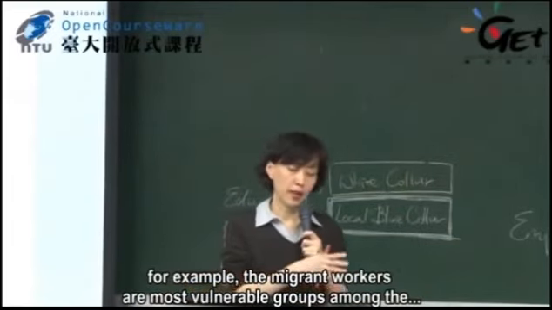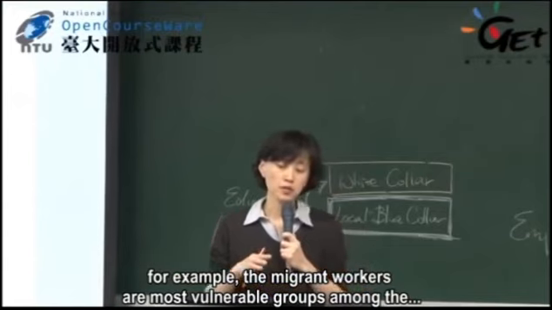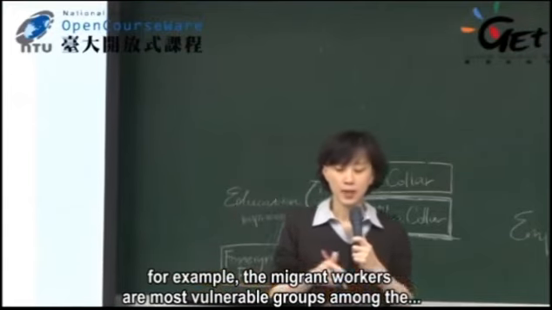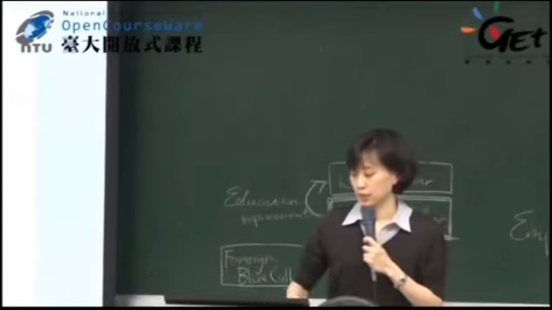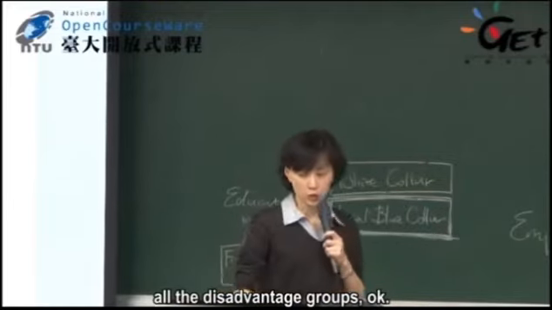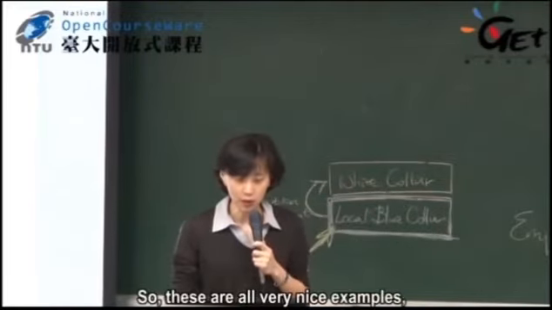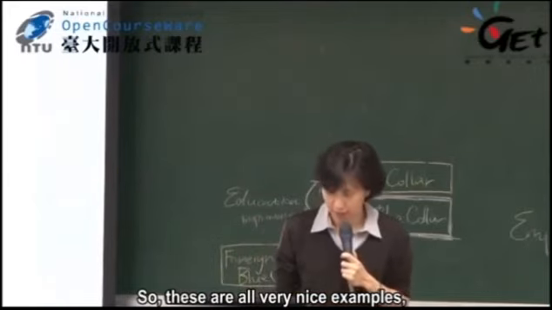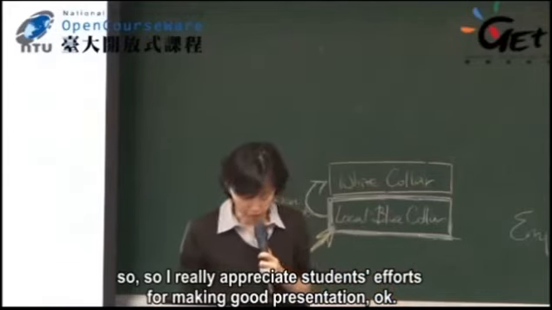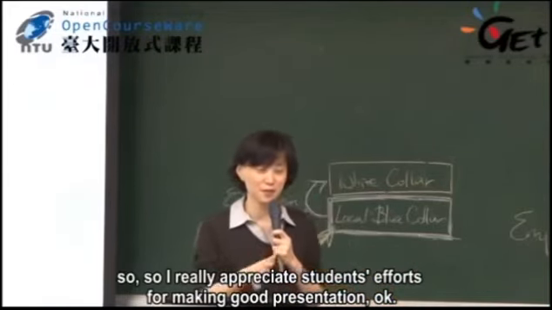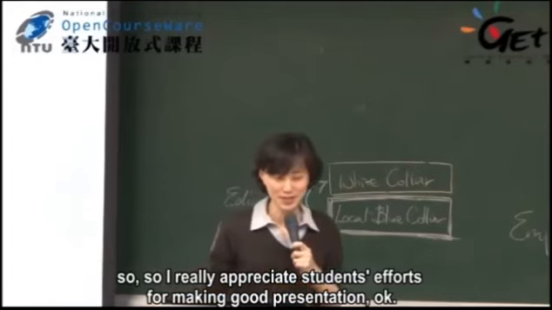For example, the migrant workers are the most vulnerable among all the disadvantaged groups. These are all very nice examples. I really appreciate the students' efforts in making good presentations.